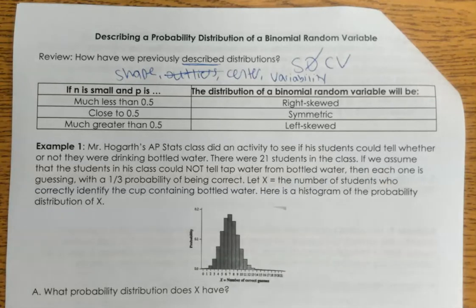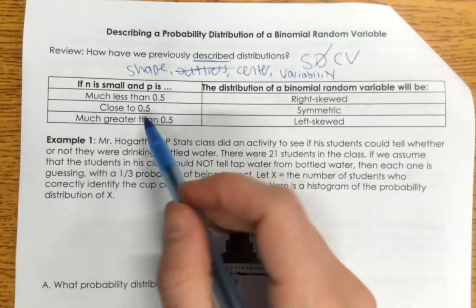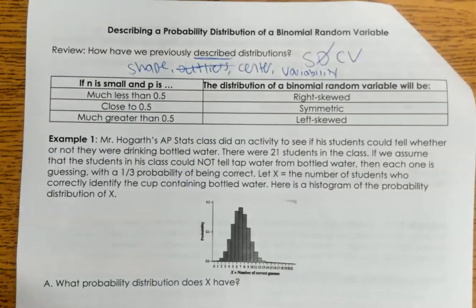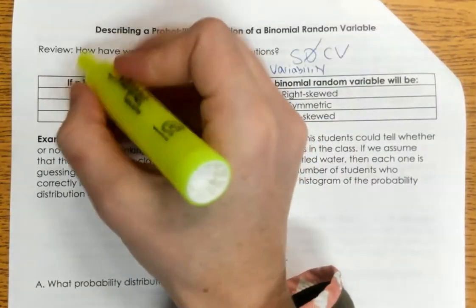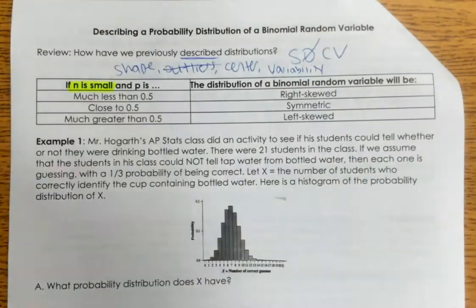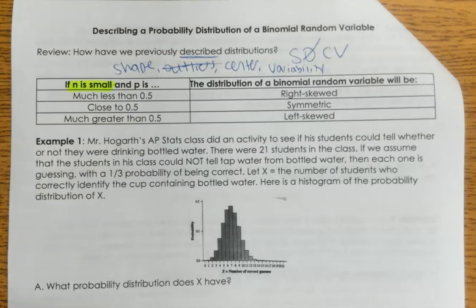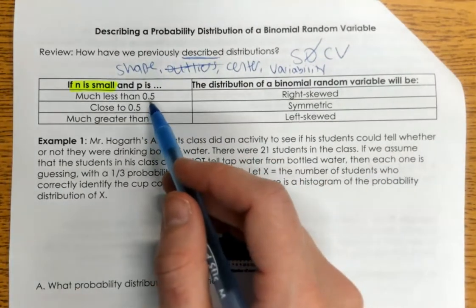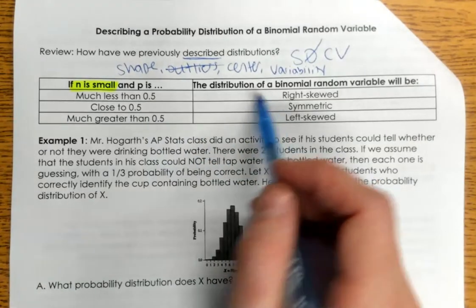Okay, so the shape of a binomial random distribution is based on the probability of success. So use this little table. If the n is small, and we'll come back to that in a second. All of these are if the n is small. If the n is large, something else happens. But if the n is small and the p is much less than 0.5, it's going to be right skewed.